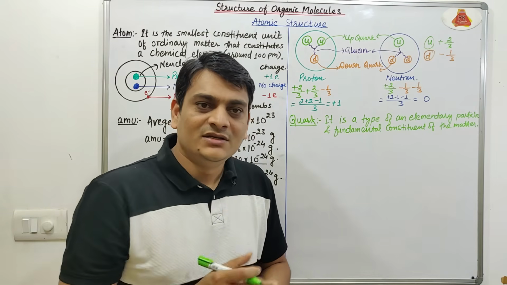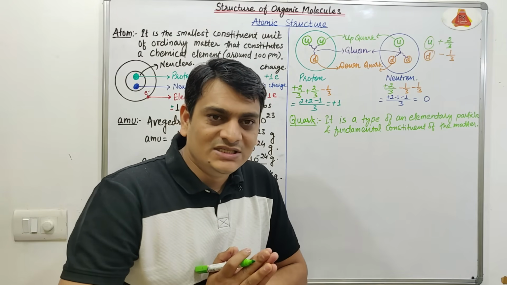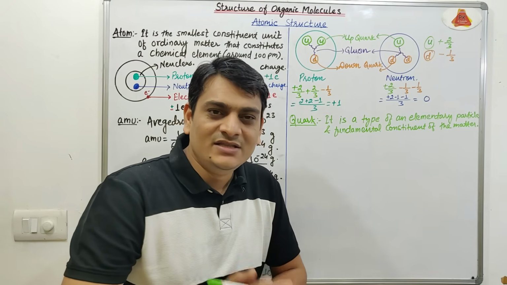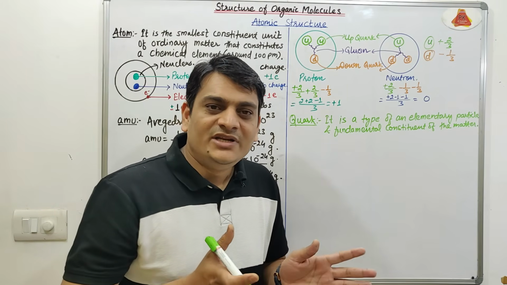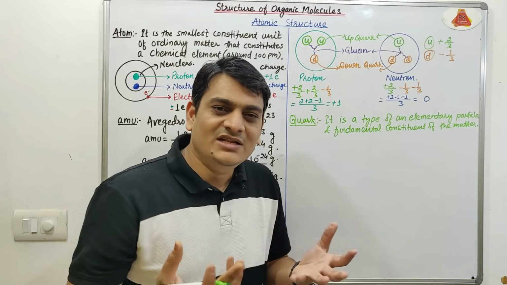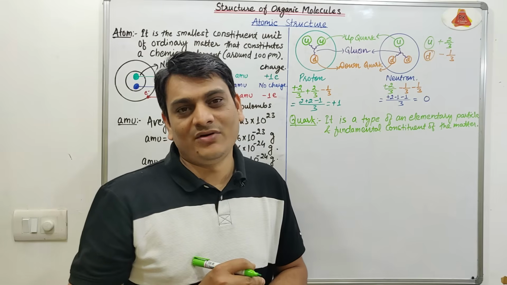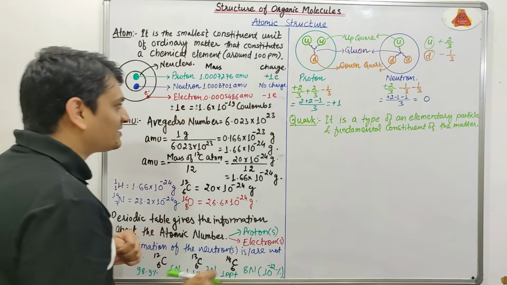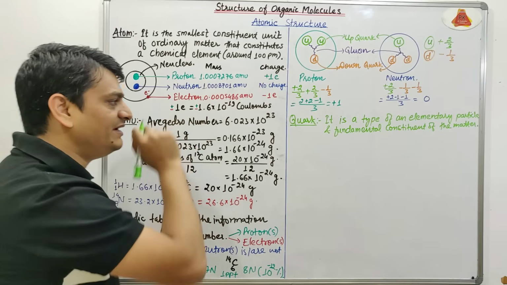Atoms form molecules, and from molecules all the materials present in the universe are formed. So we can say that all materials, the human body, and animals are formed by protons, neutrons and electrons. But here the mass contribution of the electron is negligible because its mass is very small.